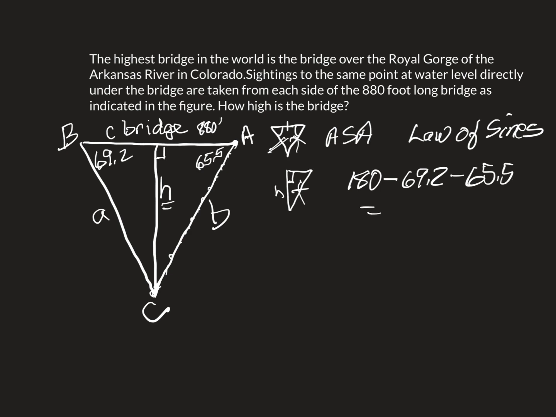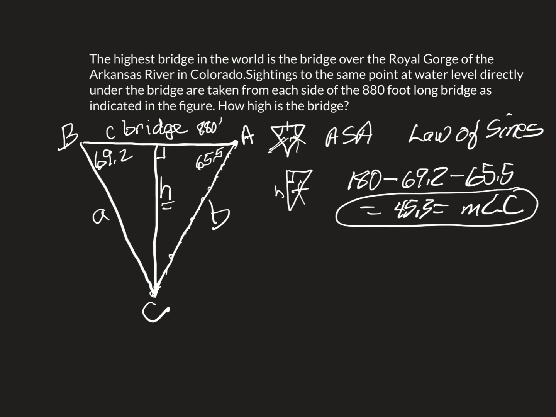And that will equal the measure of angle C, which I need for my law of sines. So we can go ahead and do that right now. I would encourage you to follow along with a calculator. It's always a good thing. So we're doing the 180 minus 69.2 minus 65.5, and that's equal to 45.3.